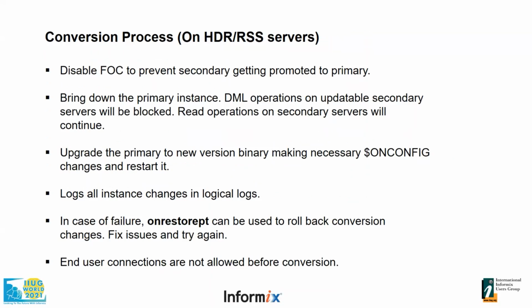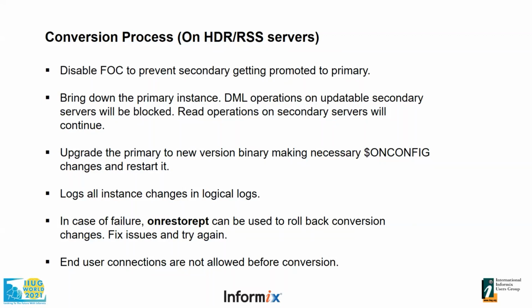This is because once you bring down your primary, your secondaries might get promoted, right? So you want to avoid that. So it's best to disable the FOC setting in your onconfig, and after making sure that you have set conversion guard on your instances, you start this conversion process.